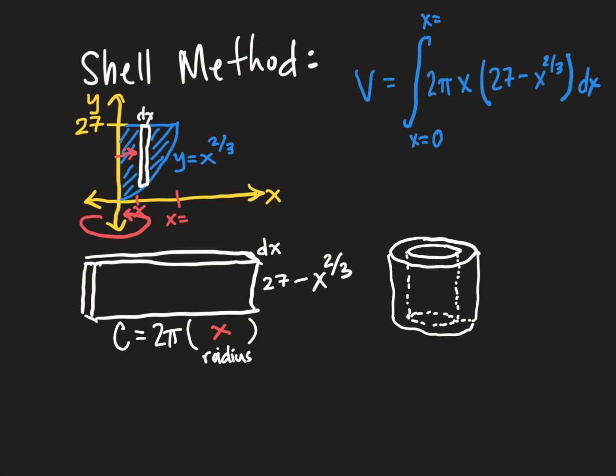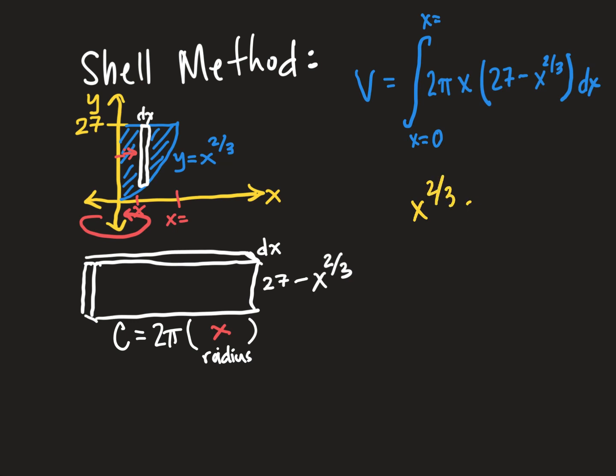So let me do a little erasing. Make some room for some scratch work. So what number raised to the 2/3 power equals 27?